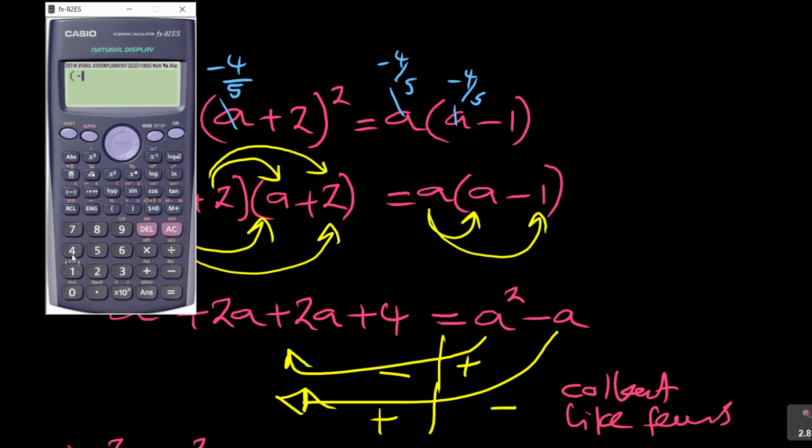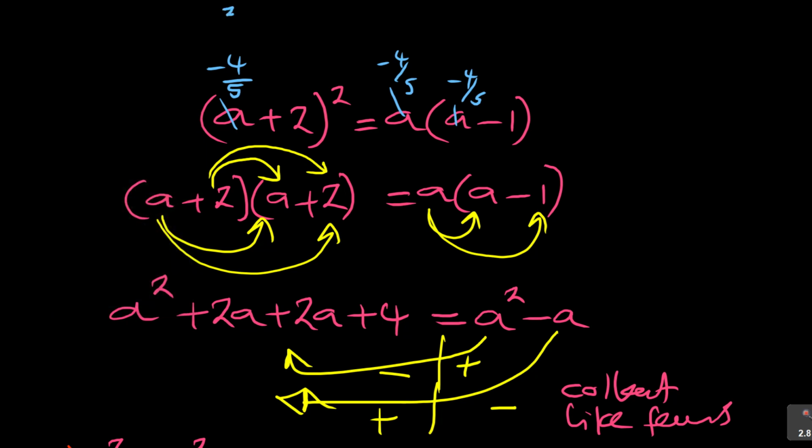Let's do it. Negative 4 over 5 plus 2, squared. What's the answer? 36 over 25. Let me write here, 36 over 25. That's my left hand side. Let's do the right hand side.